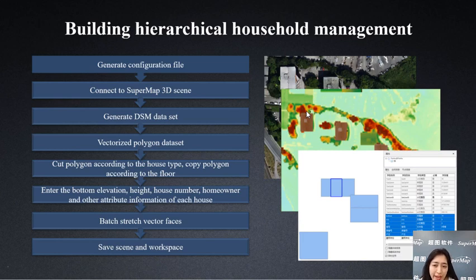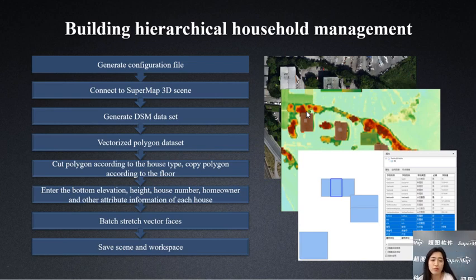So if you want to add multiple floors, you should overlay this vector polygon data. So you could copy this polygon according to the floor.